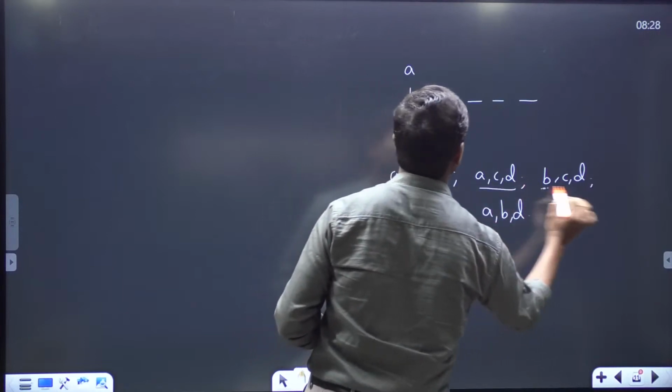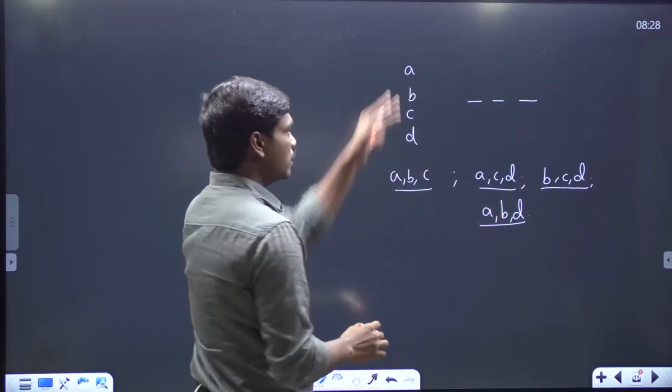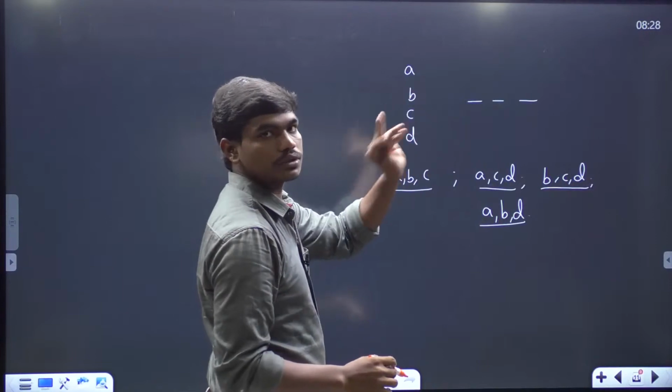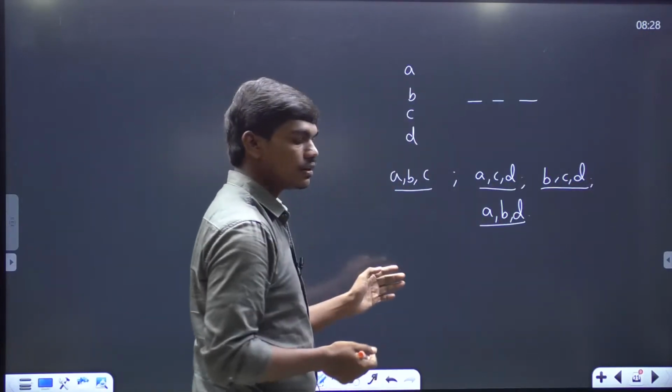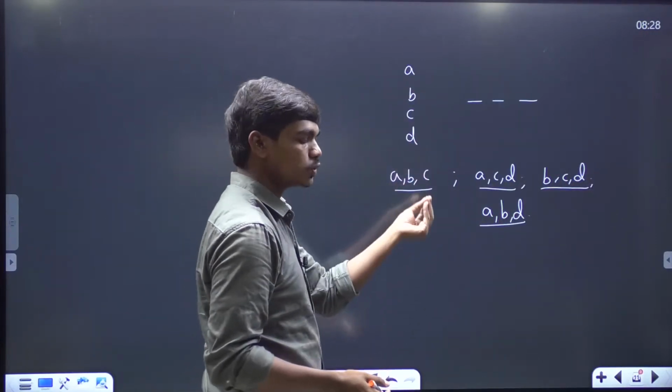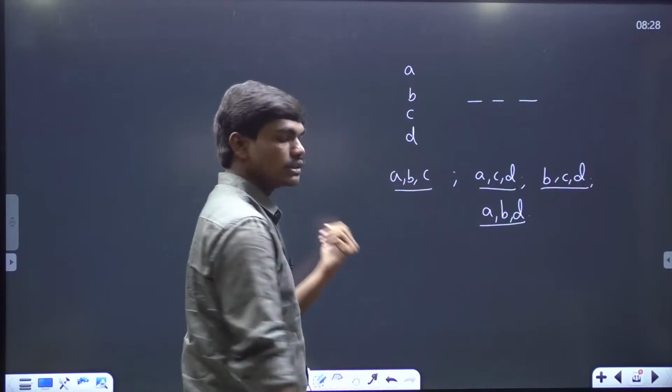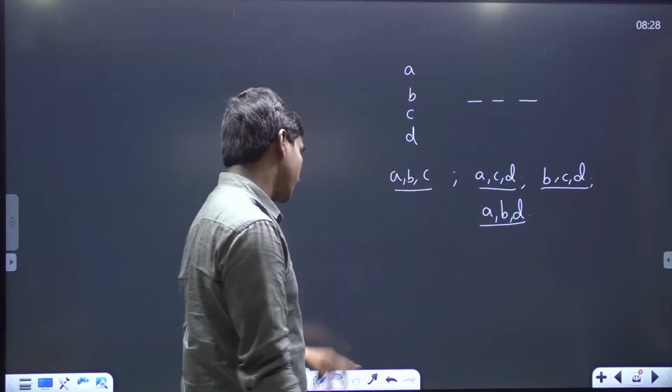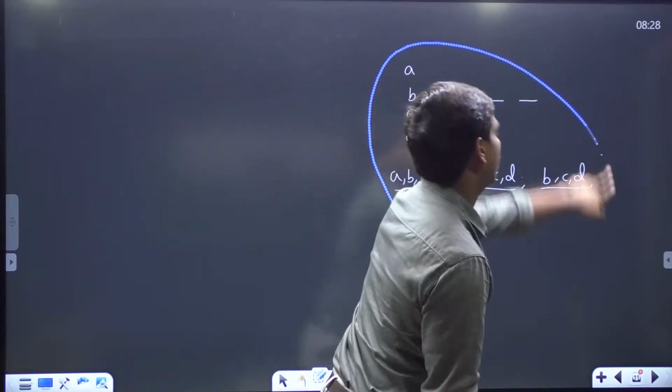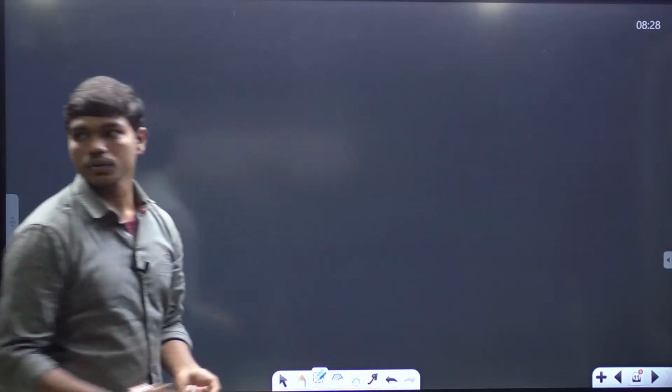So these are the 4 combinations that I can select out of these 4 elements if I choose 3 at a time. Similarly, if there are n total different things and you want to choose r, you can choose in nCr ways, which is n factorial divided by (n minus r) factorial into r factorial.